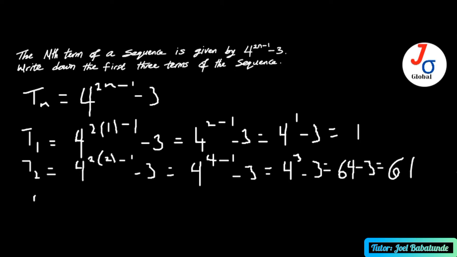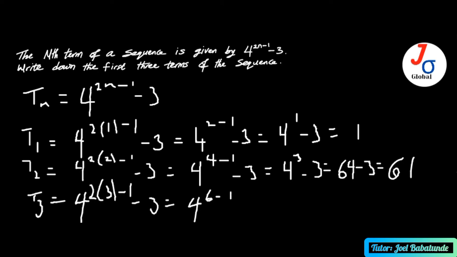Then we have the third term. So you have 4 raised to the power of 2 times 3, minus 1, then minus 3. 2 times 3 is 6, so 4 to the power of 6 minus 1, then minus 3. 6 minus 1 is 5, so 4 to the power of 5, then minus 3.